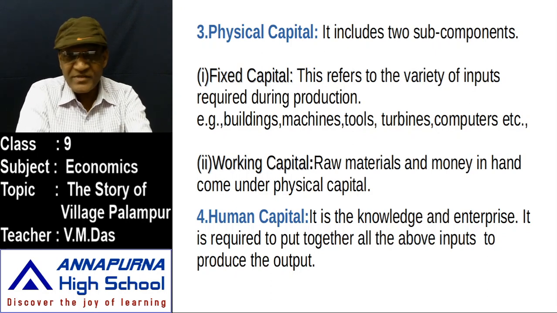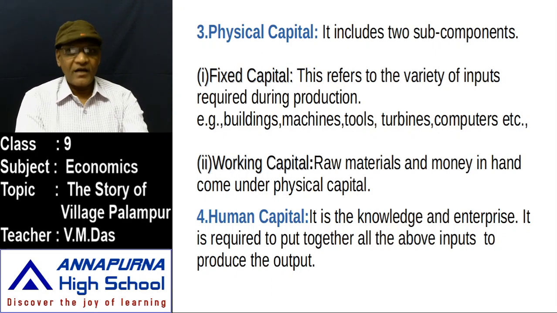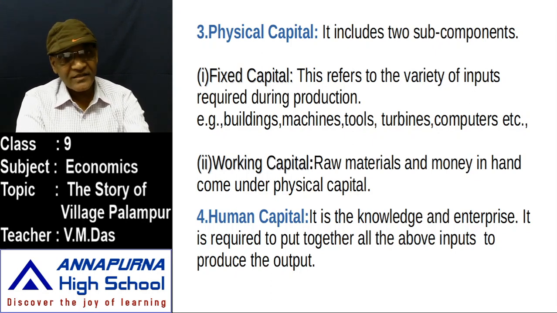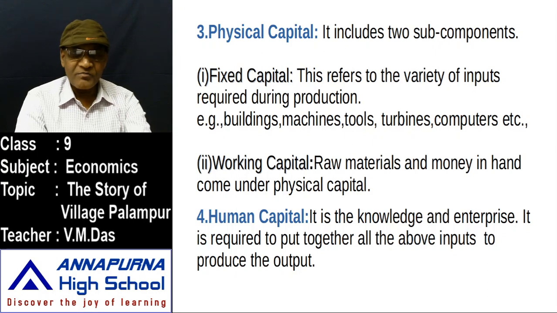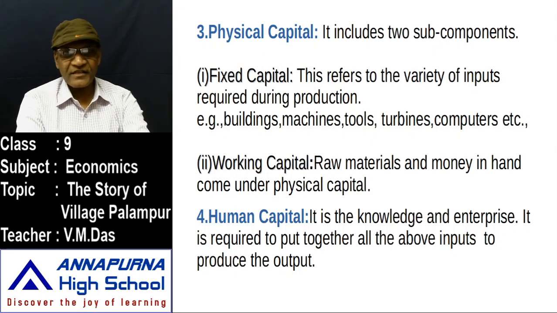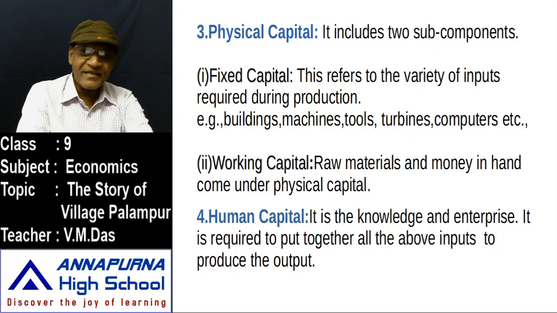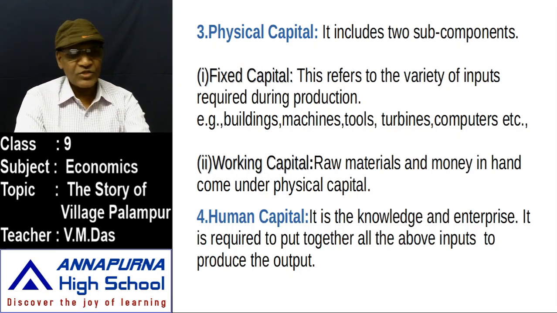So that should be acquired. Likewise, in the iron and steel industry, manganese and iron ore are the raw materials required for making iron. So, my dear children, raw materials and money in hand come under physical capital.